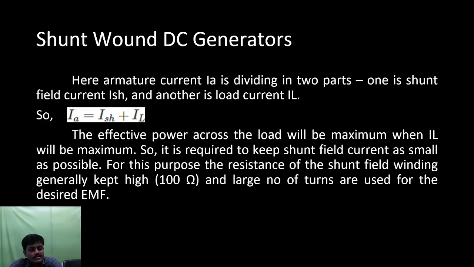In the shunt field self-excited DC generator, the shunt field is connected in parallel to the armature. Suppose I am producing some voltage, say 230 volt. If a partial amount of the 230 volt, say 150 volt, goes to the shunt field winding, then only the remaining voltage is available at the output.